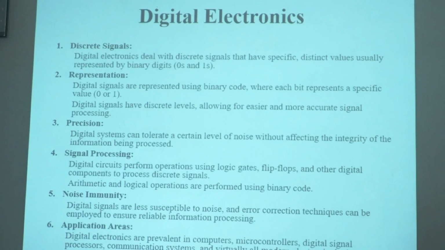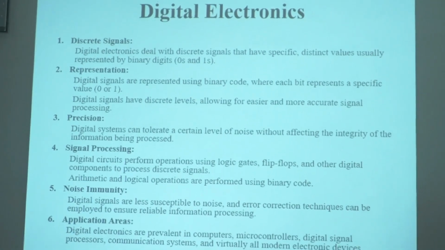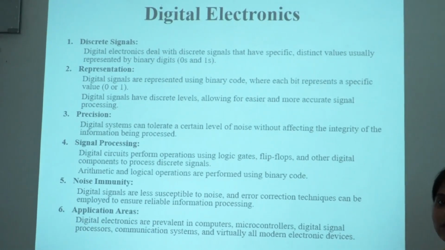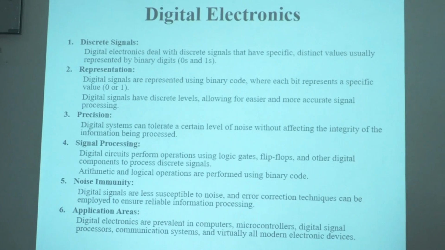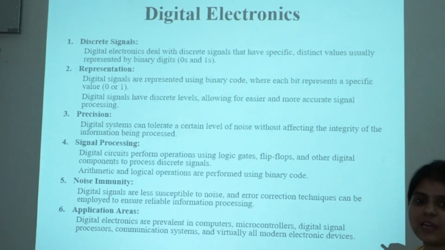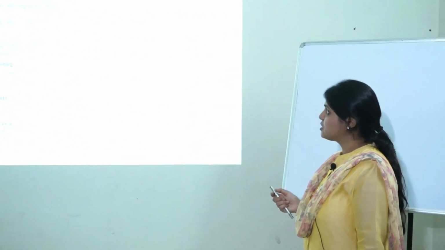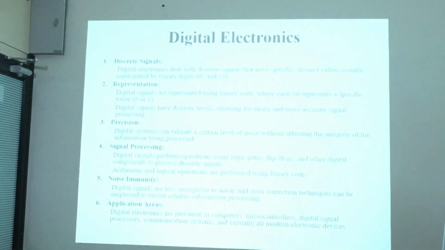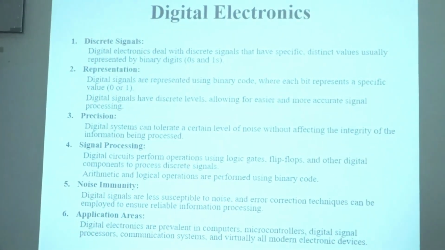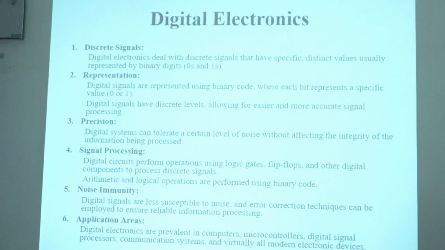Now when we discuss digital electronics, the fundamental thing that I would like to focus on is discrete signals. While we have looked into analog electronics, we have seen that they process continuous signals, right? Digital electronics deals with discrete signals that have specific distinct values.